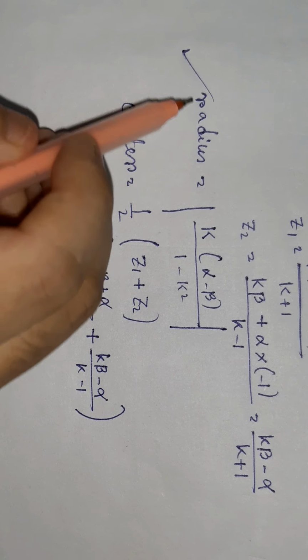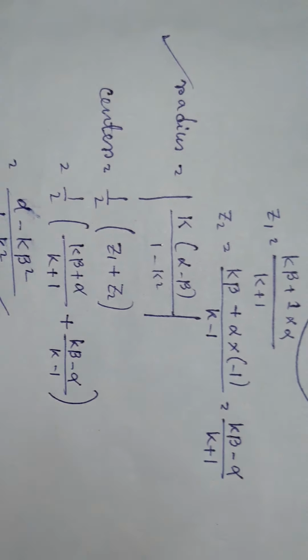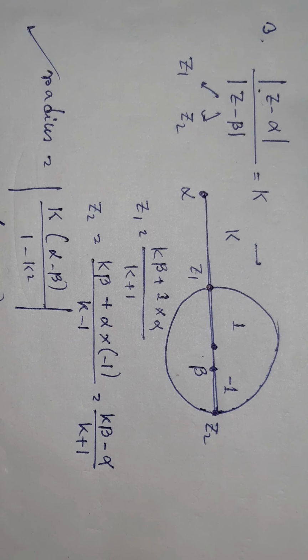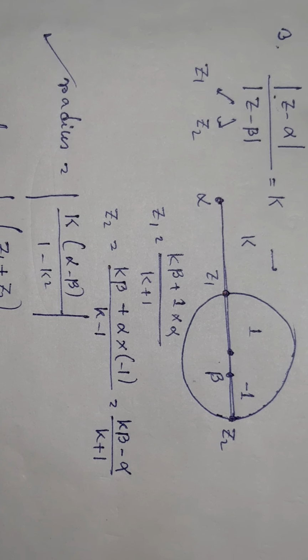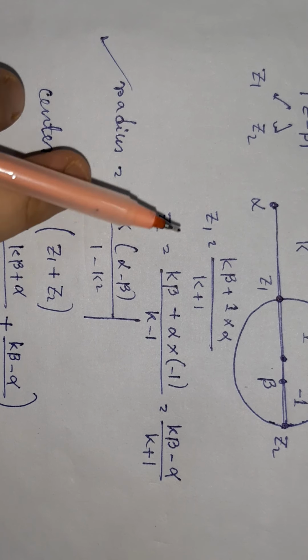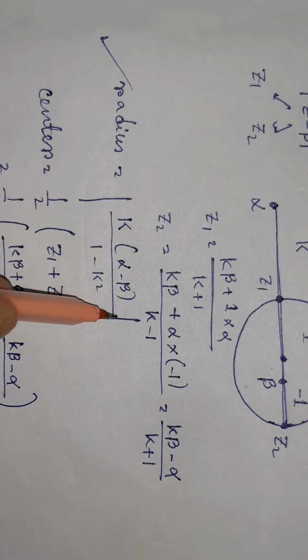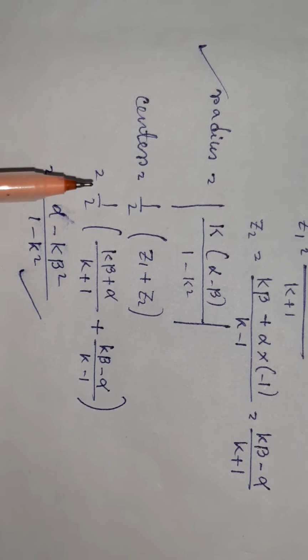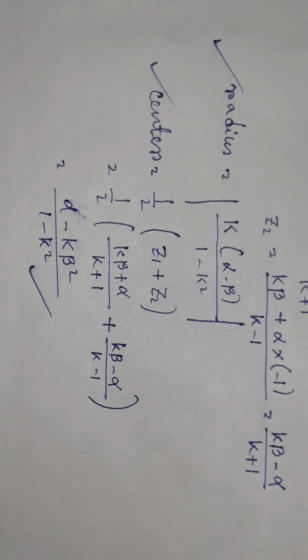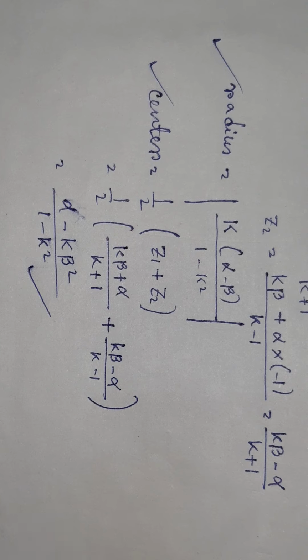Okay, this is the circle. The circle of the equation modulus of z minus alpha divided by modulus of z minus beta equal to some constant has radius modulus of k into alpha minus beta by 1 minus k squared, and the coordinate of the center is alpha minus k squared beta by 1 minus k squared. Thank you.